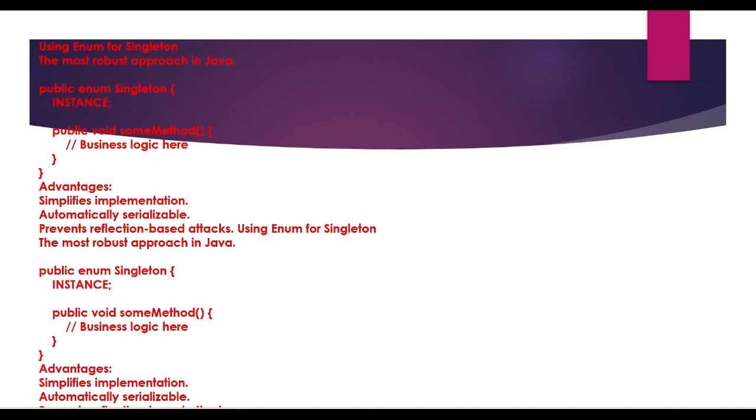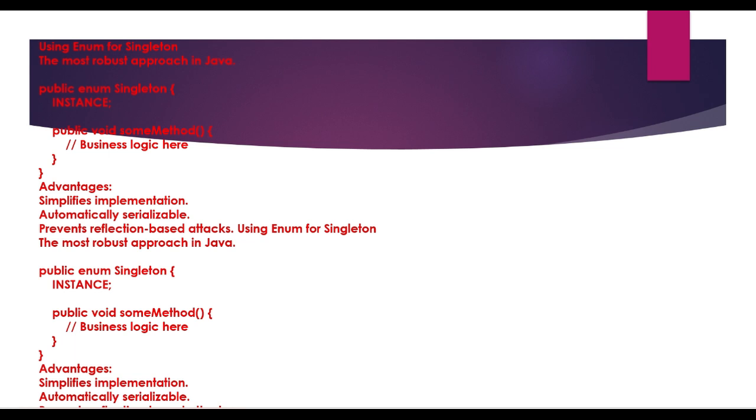In this case it's a very simple implementation. It is thread safe. It is also serialized. Enums are serialized, so it will look into the pitfalls, because there are different ways to crack or break the singleton. Enums are used to avoid the reflection break.